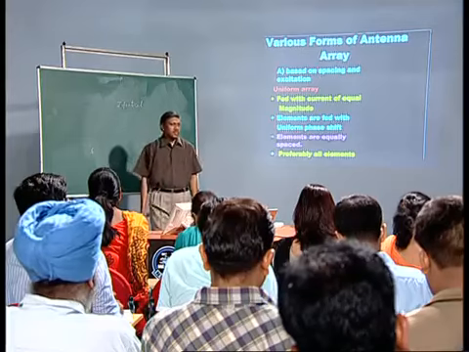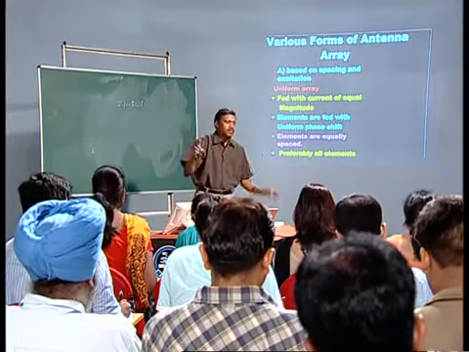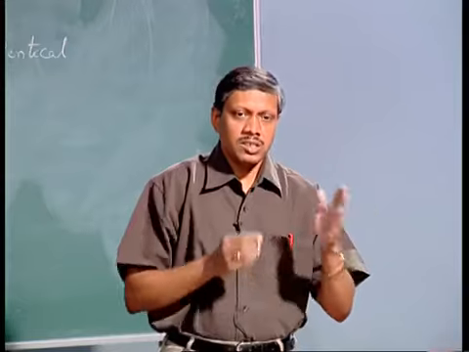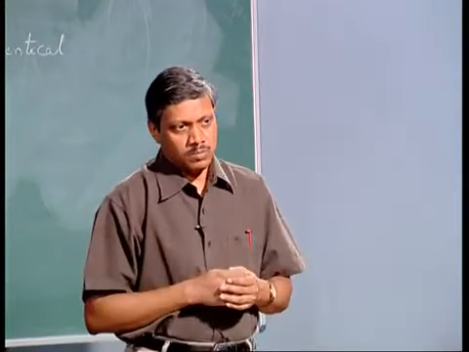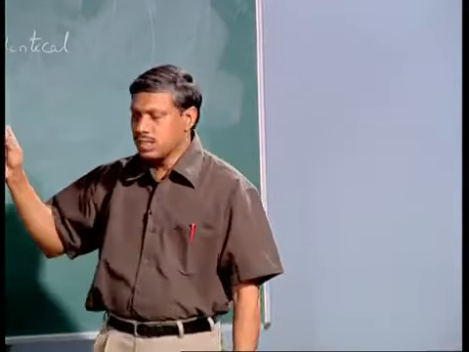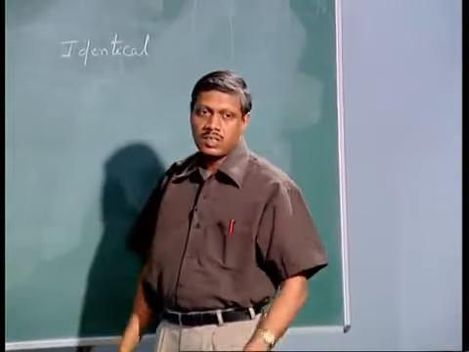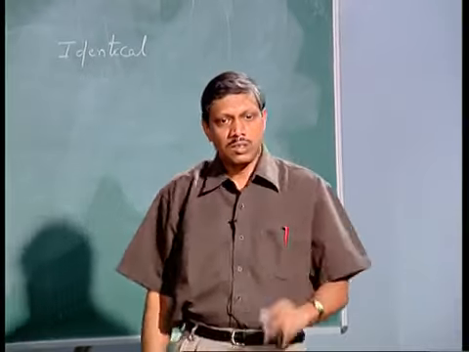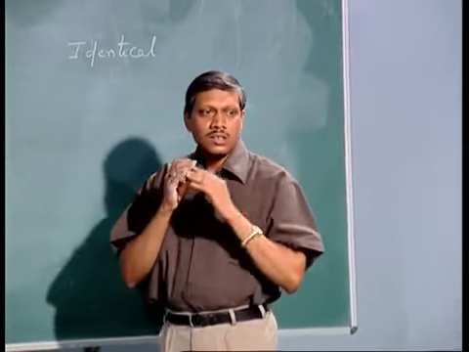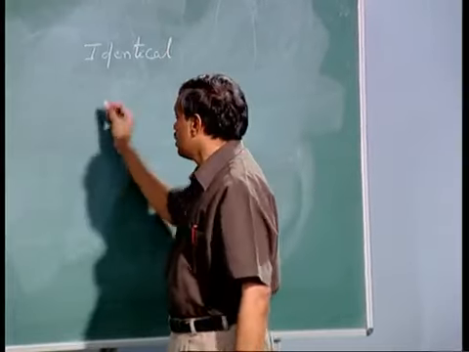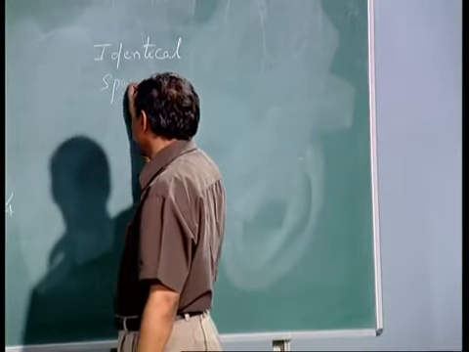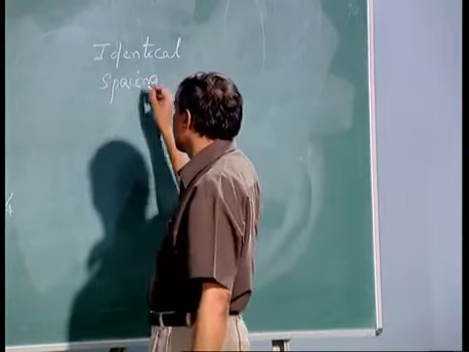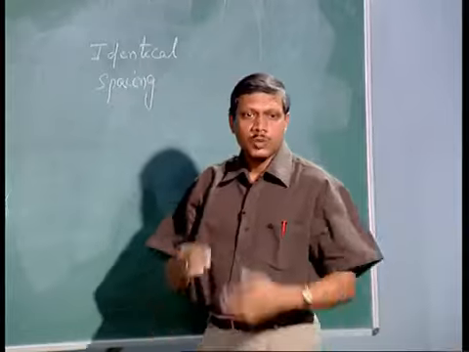When I say identical, if I am taking an array of 10 elements and the first element is a dipole, obviously the other 9 elements are to be dipoles. Usually this is the approach. So, identical elements: if one is lambda by 4, the other 9 are to be lambda by 4. Length wise they are the same, element wise they are the same, and spacing is uniform, equispacing.